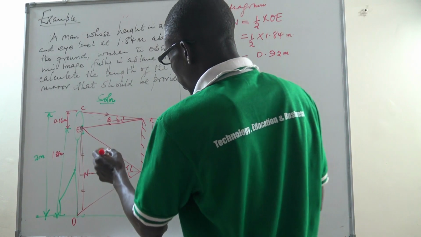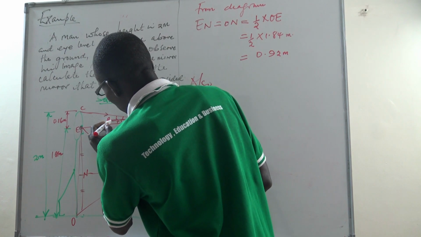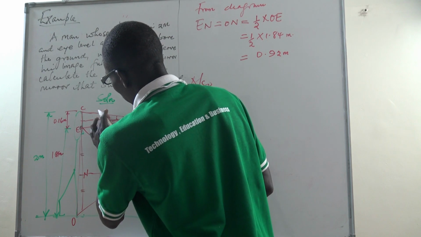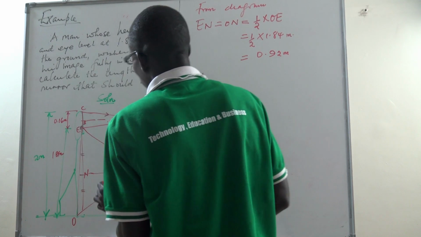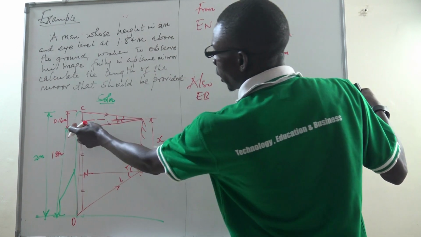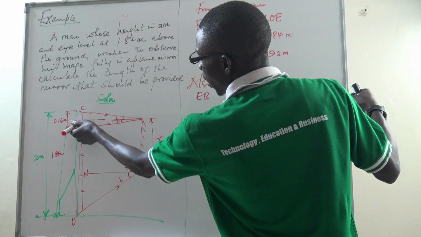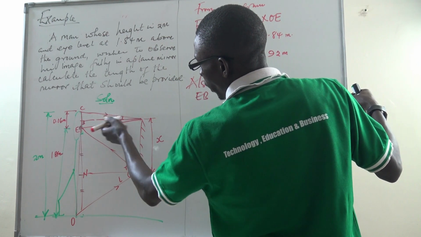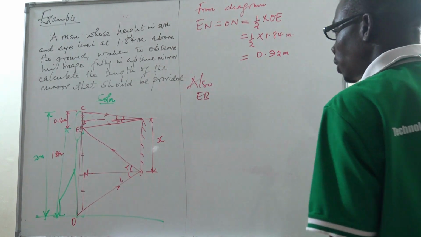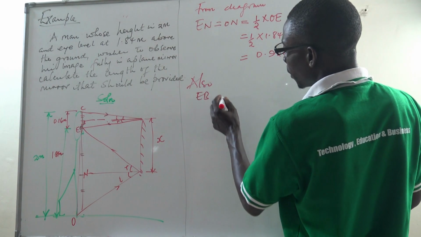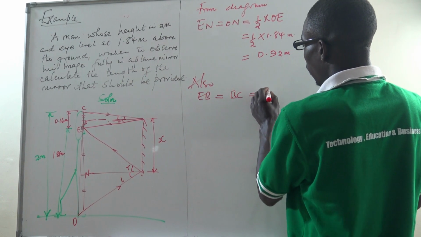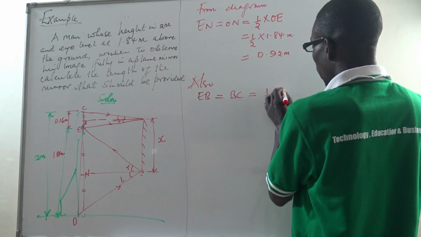What else is very true? If I extend this normal here up to this point here, okay? If I call this one maybe B, it is also very true that EB, because this angle is the same as this, and the height is common for them, that means this is also equal to that. So, if that is the case, I'll say EB is equal to BC, which is now a half of EC.